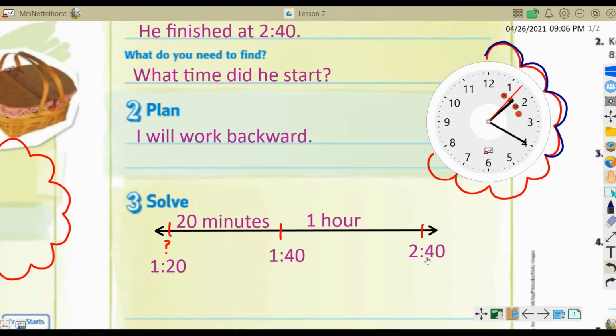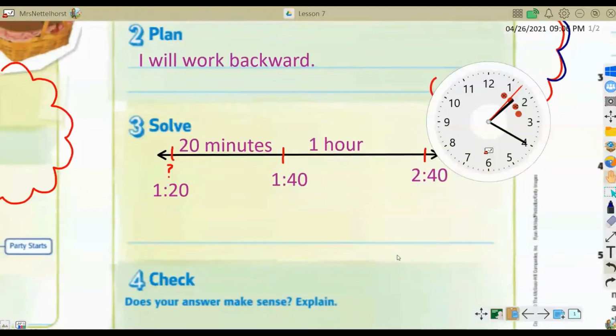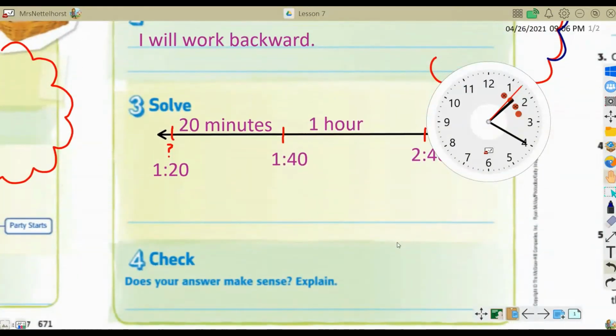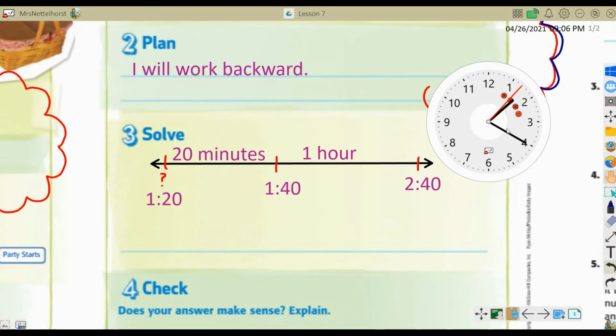So now I'm going to scroll down and I'm going to check, does my answer make sense? Well, if I want to go back 80 minutes from 2:40, I'm going to count back 80 minutes. 5, 10, 15, 20, 25, 30, 35, 40.